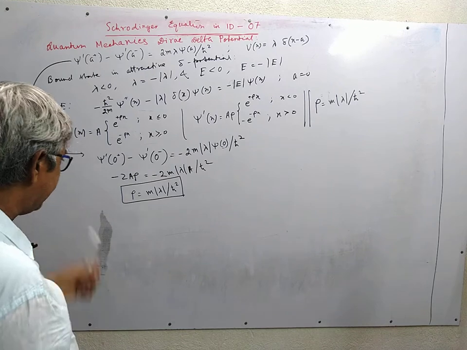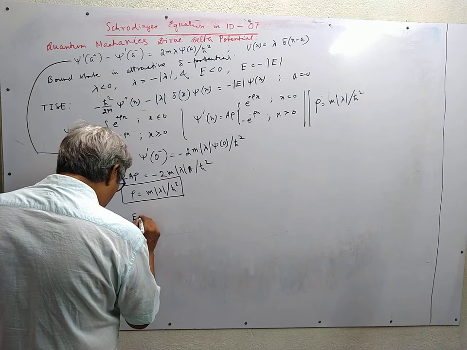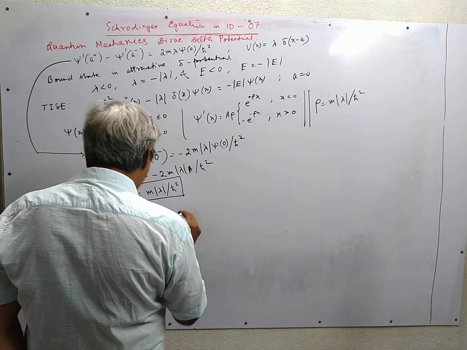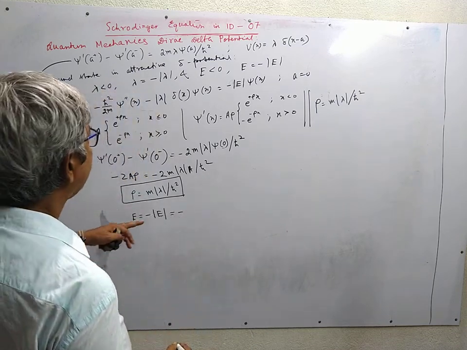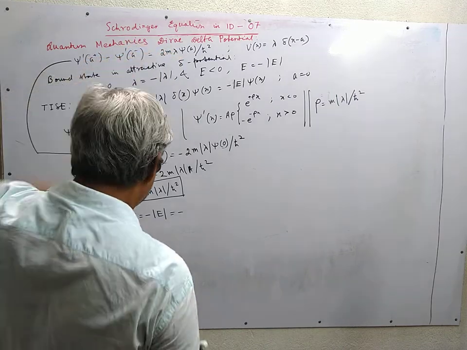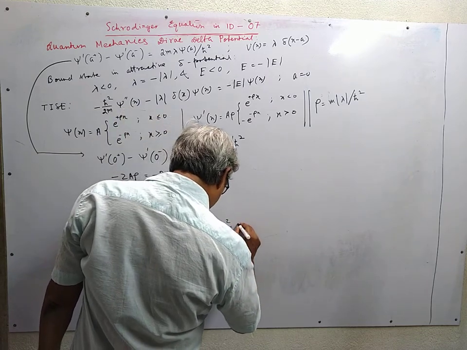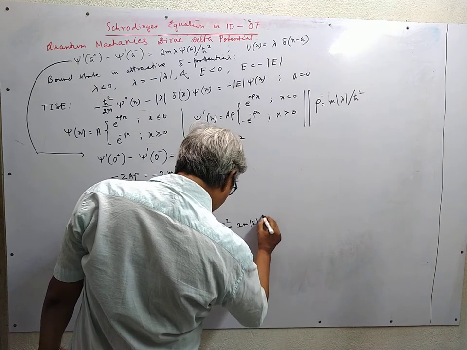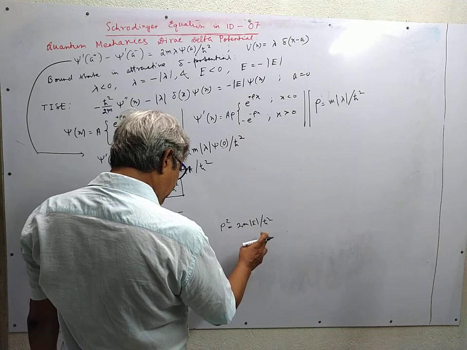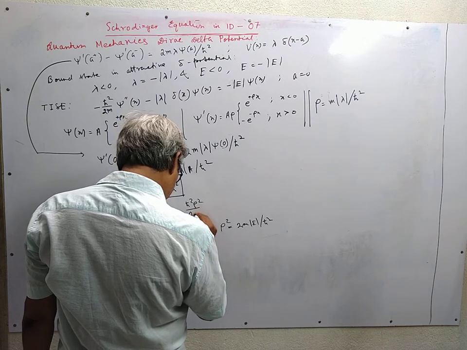Now we come to the normalization of the wave function and the energy eigenvalues. If we consider the energy values, rho is this, so energy E is equal to minus mod E, as the energy is negative. The definition of rho, I have erased it, rho square was defined to be twice m mod E upon h line square. So mod E is equal to h line square rho square by twice m.